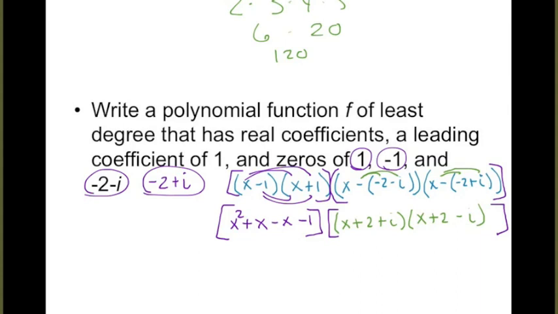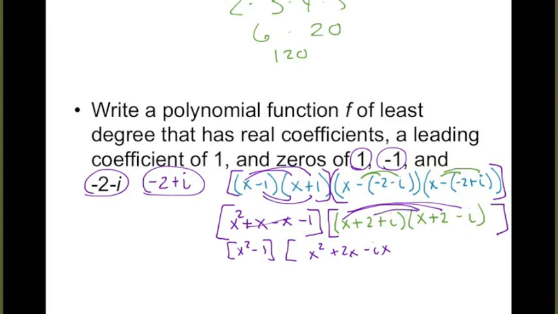Alright, so in this first group, I can combine some like terms already and get down to x squared minus 1, because those x's in the middle are going to cancel. Then in the second group, I've got some big distributing to do. I'm going to pass out the x. Gives x squared plus 2x minus ix.